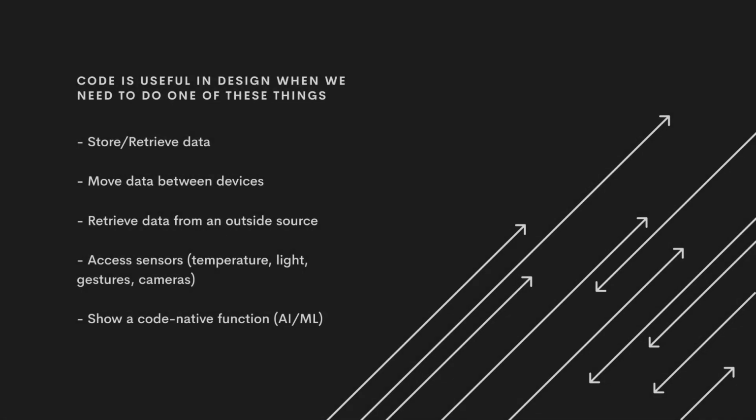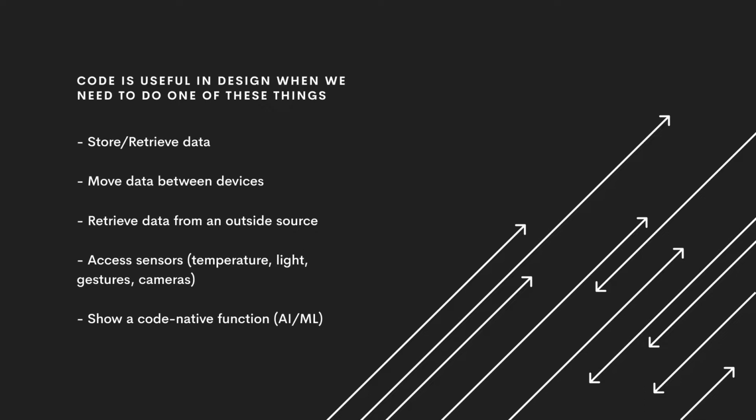But code is super useful when there are certain types of things that we want to prototype. Things like when you need to store and retrieve data as part of your prototype in order to make something compelling. When you need to move data between devices. If you need to retrieve data from some outside source. If you're accessing sensors, which could be things like temperature or light, or if you're processing gestures somehow, or cameras, which are really just a sensor.